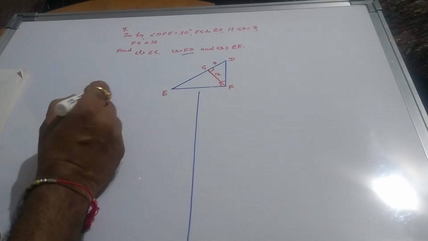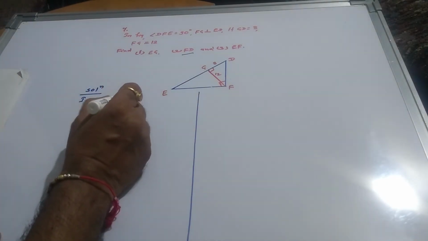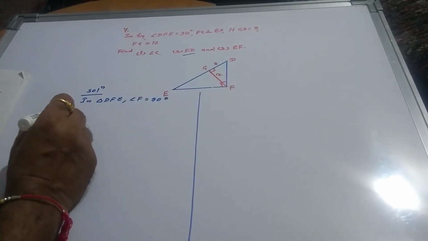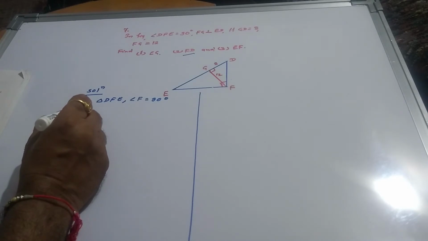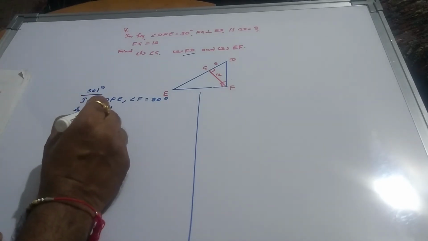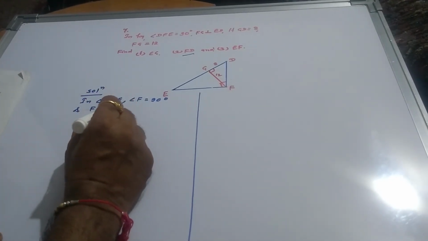In triangle DFE, angle F is 90 degree and FG is perpendicular to DE.